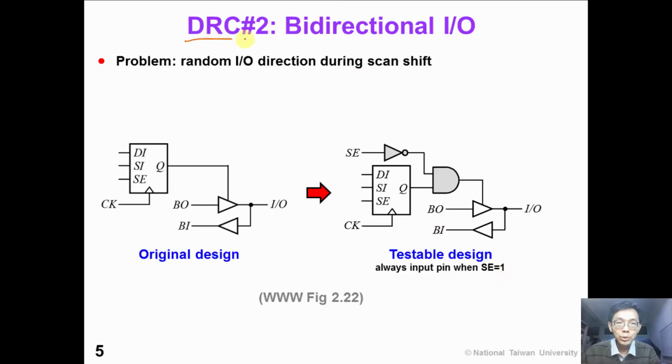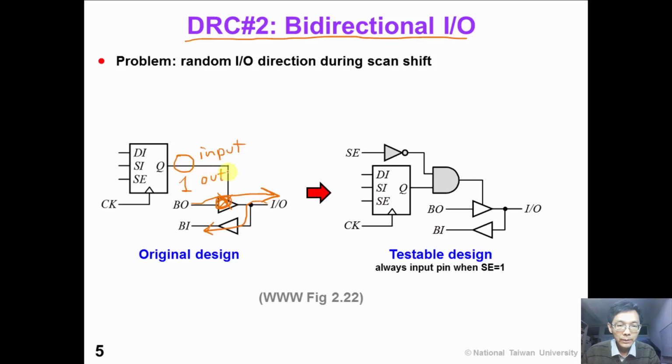DRC number 2, bidirectional I/O pin. Suppose that in the original design we have a bidirectional I/O pin. When the value of Q is 0, this buffer is turned off. So this is an input pin. When Q is 1, this buffer is driving the output.